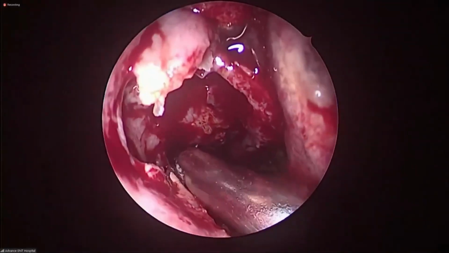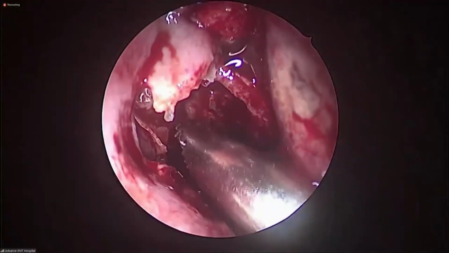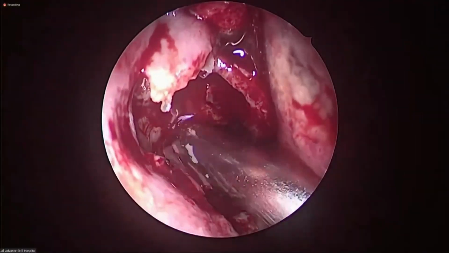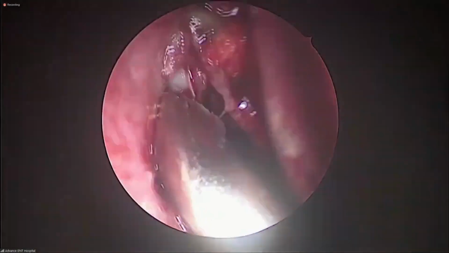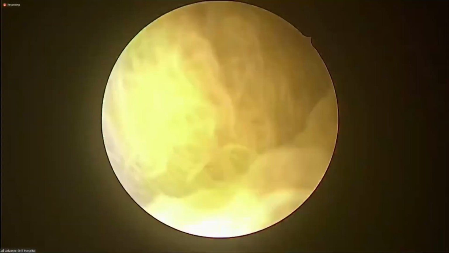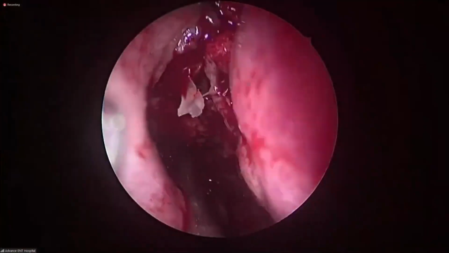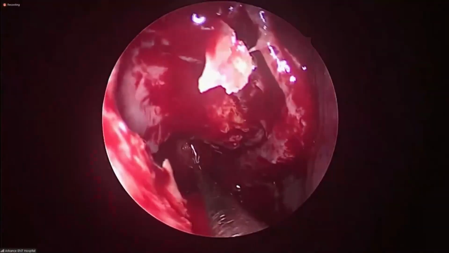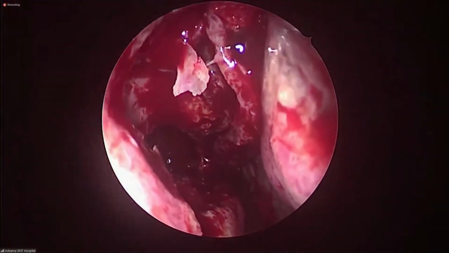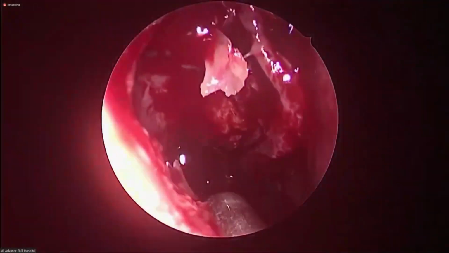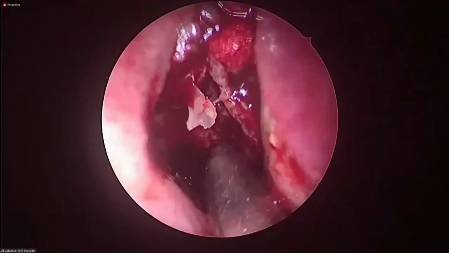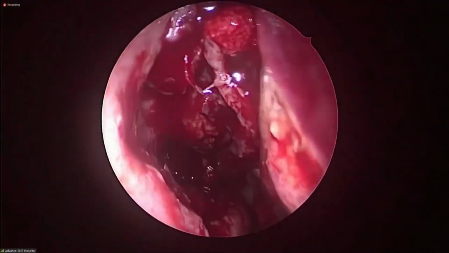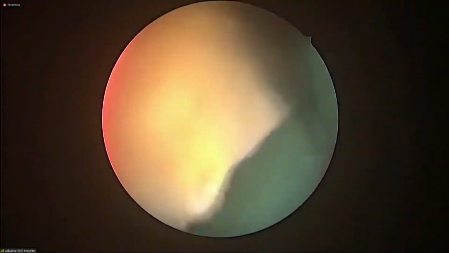Am I getting the lateral boundary, sir? Yes, that is the bony plate. Yes, sir. Like that. See the middle meatal antrostomy.